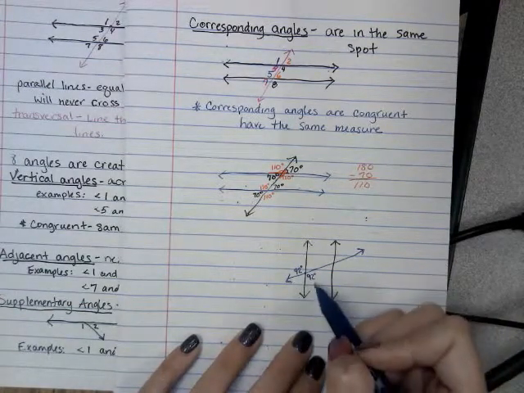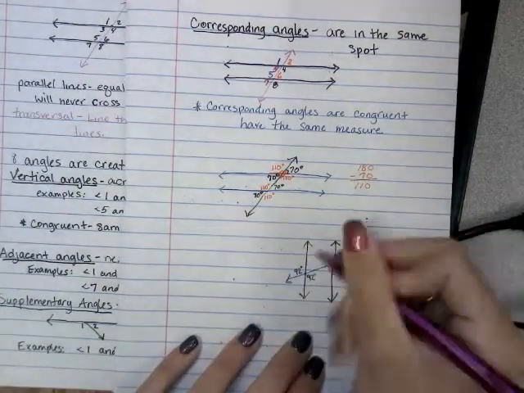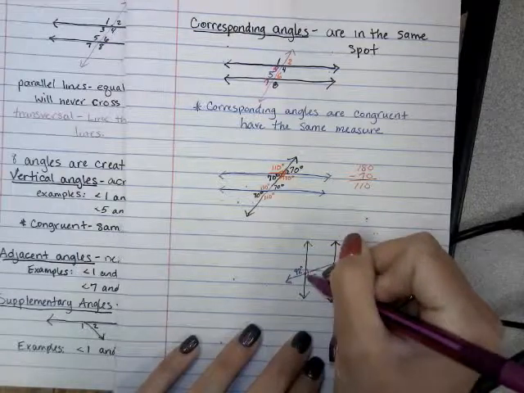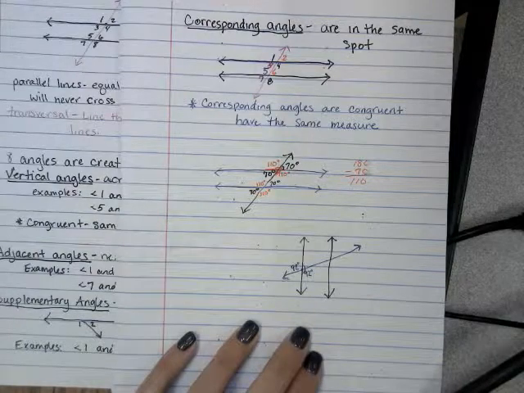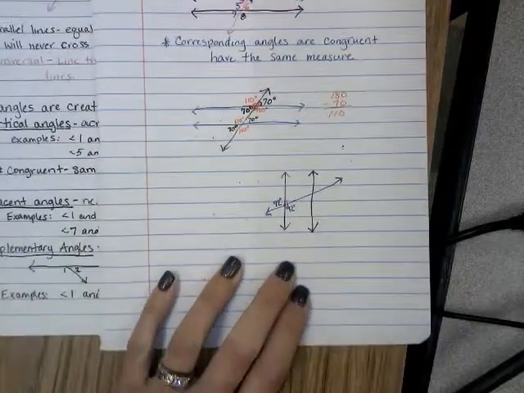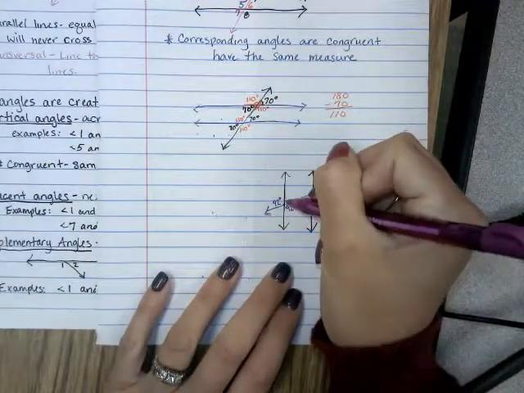Now, if this is 92, I know that together with this angle over here, it has to form a straight line. It's going to form a 180 degree straight line. Do you see that? This straight line right here.